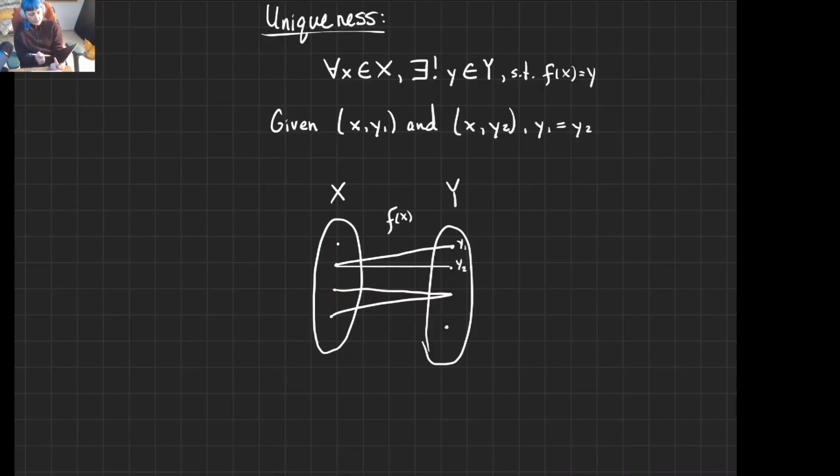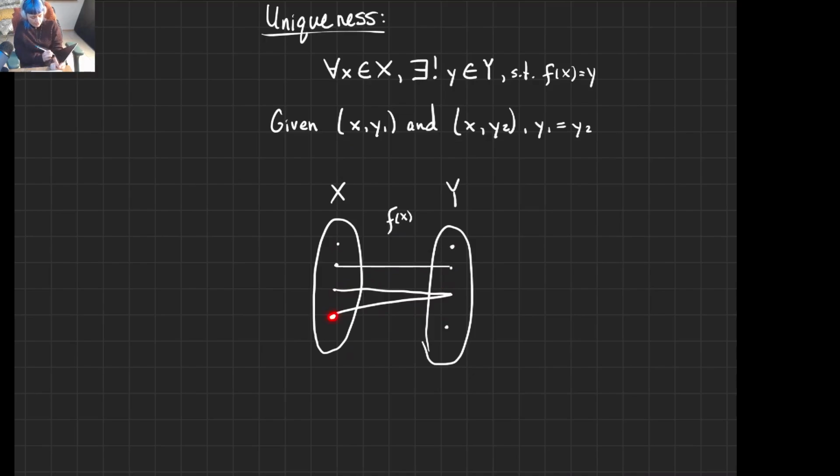So that's what uniqueness is saying. It's saying that that scenario cannot exist in order for f of x to be unique. So this kind of scenario where you have one x value going to two different y values is not okay if you're wanting the function to be unique. And like we said, this is okay.